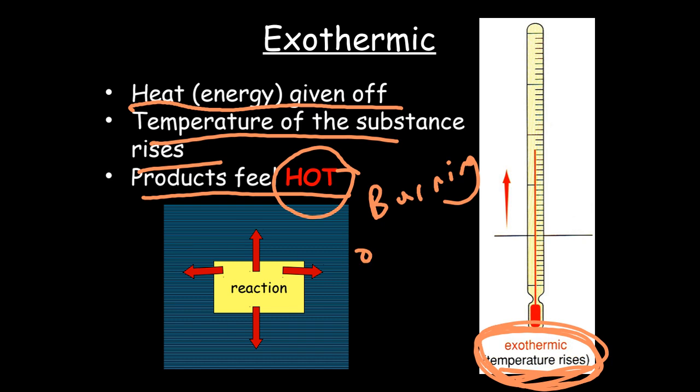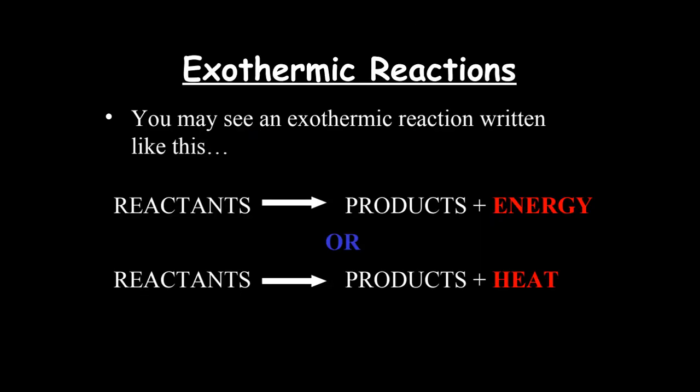By fossil fuel, we mean gasoline, for example. So in an exothermic reaction, reactants give products, and energy is released in the form of heat or light.